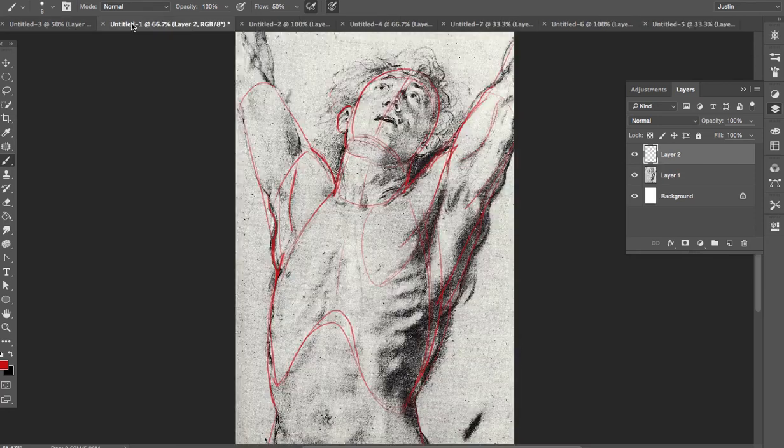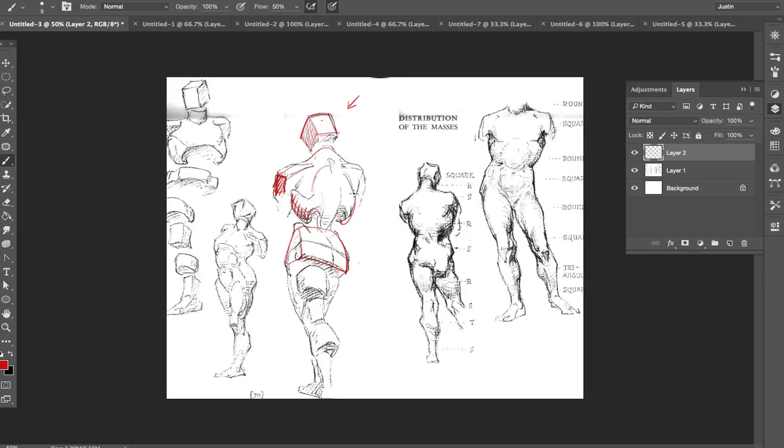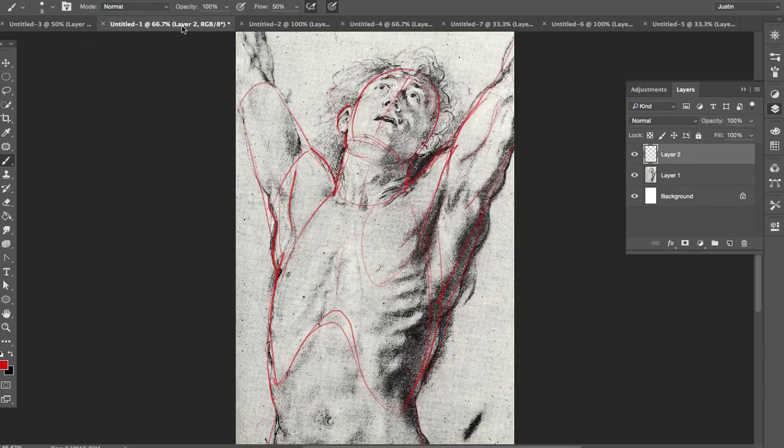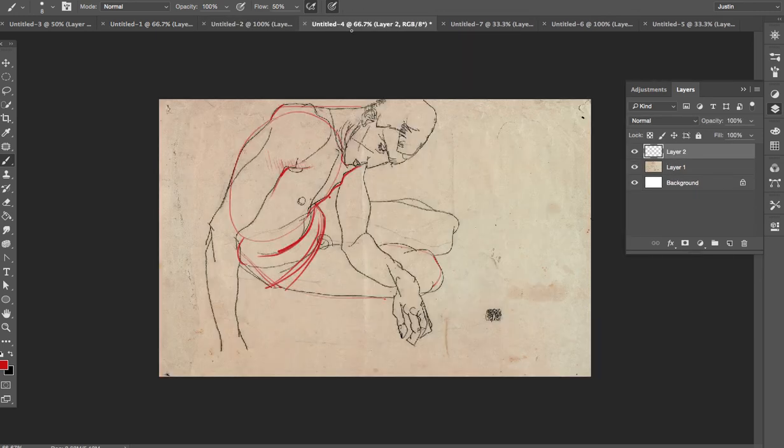So, going back, when I talk about structure, I mean this: the volumes, the shapes, the overall concept of how that body is put together. Now, it may translate into a more volume-based drawing or a drawing that's more like this, where you have the value as a key part of your structure, or drawing more like this, where you have line as more of your structure.